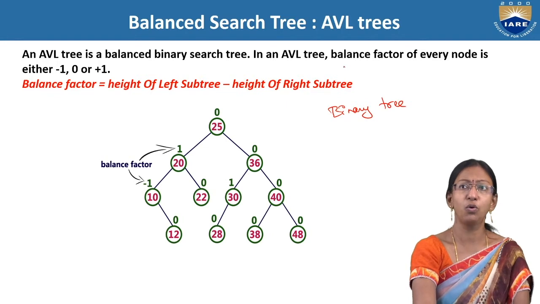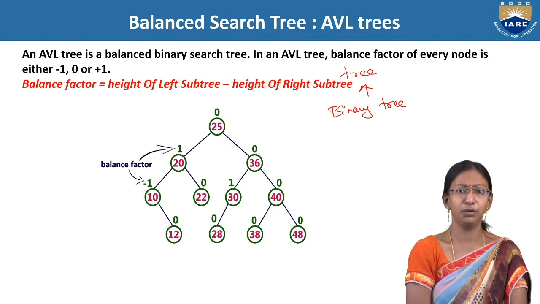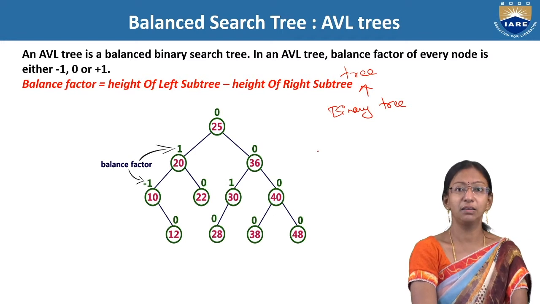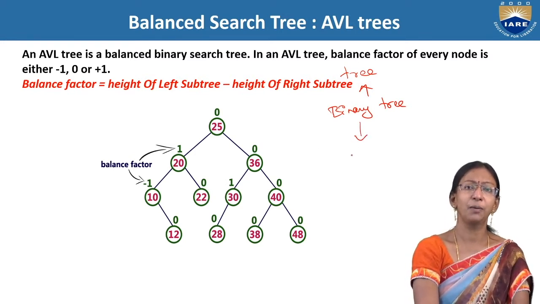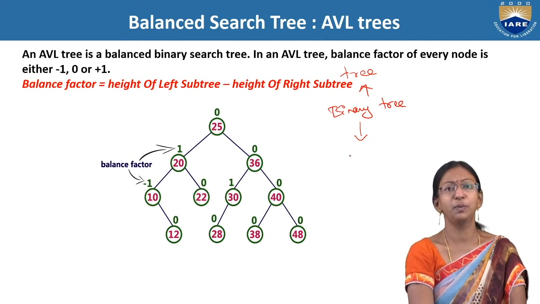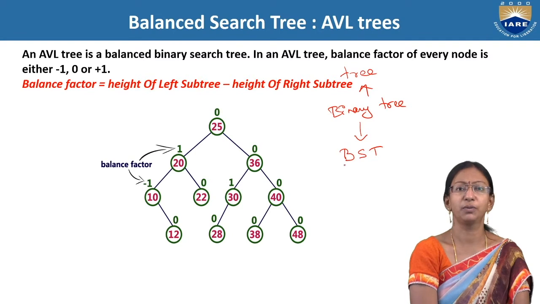Let's go a step up, where a tree can have any number of children with a root. If you put a constraint that it must have only 2 children, then it is a binary tree. Then on a binary tree, if you put a constraint that the left child must be lesser or equal to the root, whereas the right child must be greater than the root, then binary search trees come into the picture.